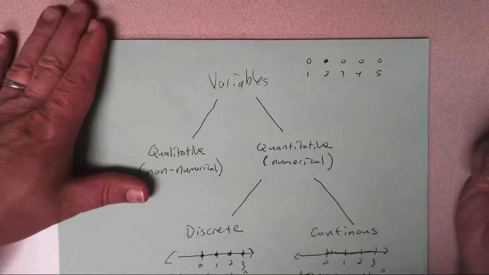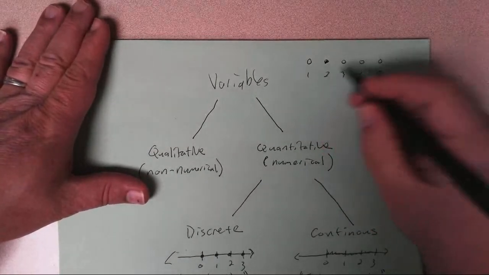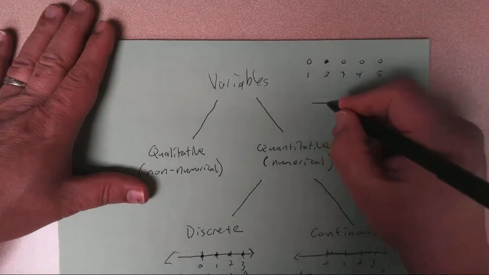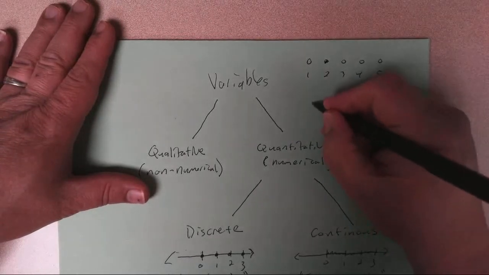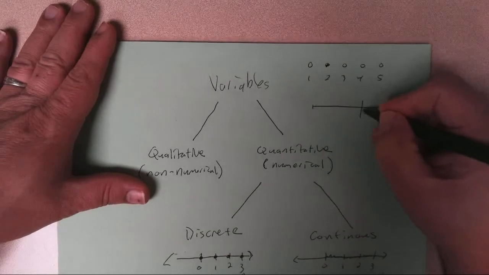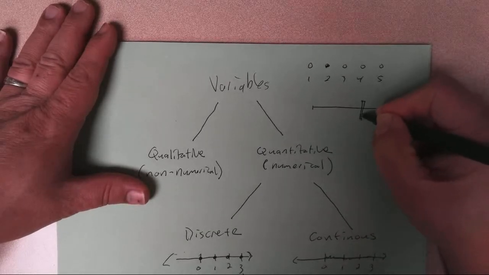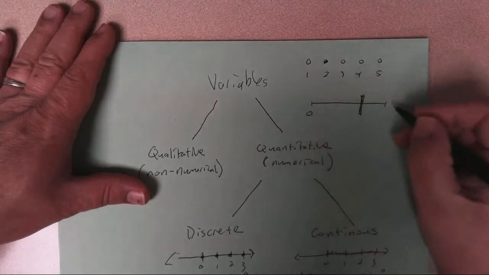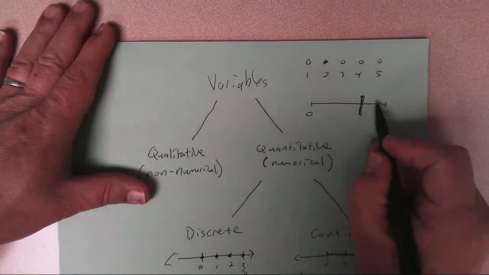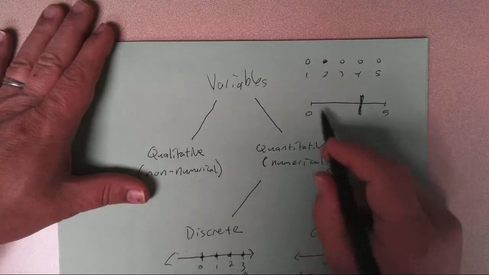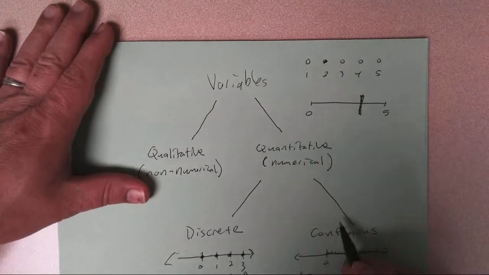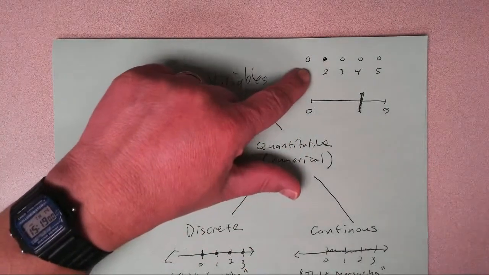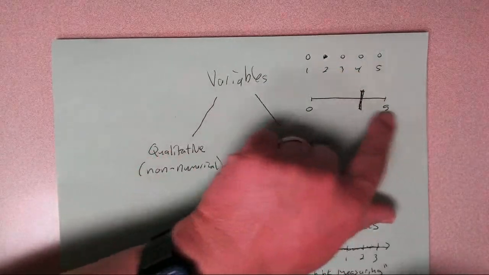In that case, that would be discrete. But other ones had kind of a slider bar, and I was able to take my mouse and move this along the slider, and this might have been 0 and this might have been 5, and I just moved the slider bar to where I felt like I was. So this would be kind of discrete from 0 to 10, or this would be continuous.